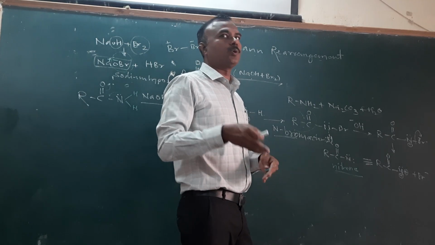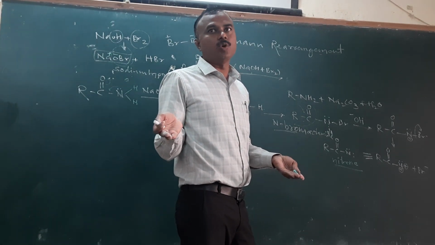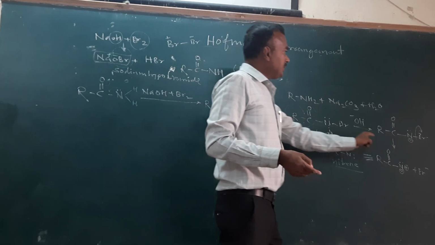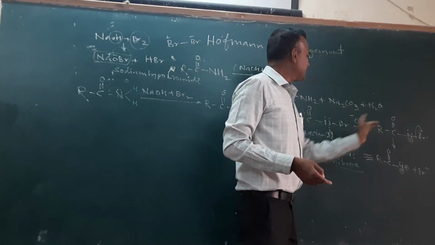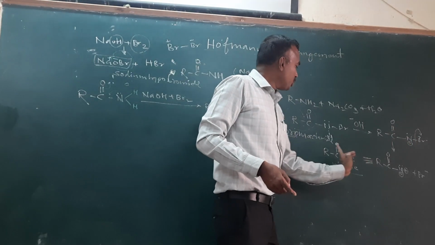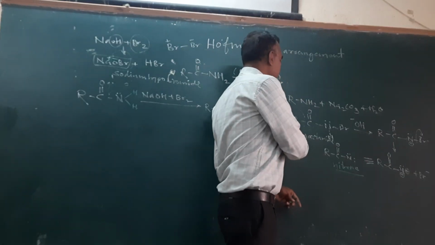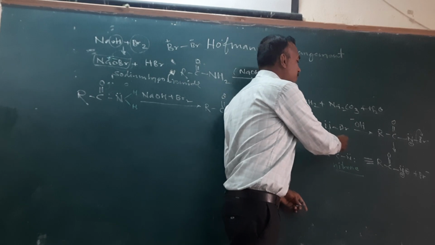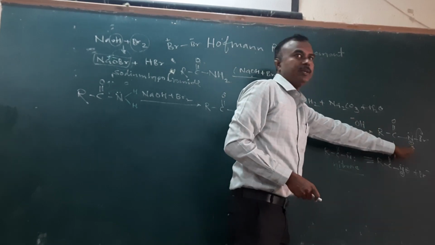Or you may write N bromo also. There will be no problem. Okay. Here the same thing we wrote here, just put another word: N bromo acetamide anion.